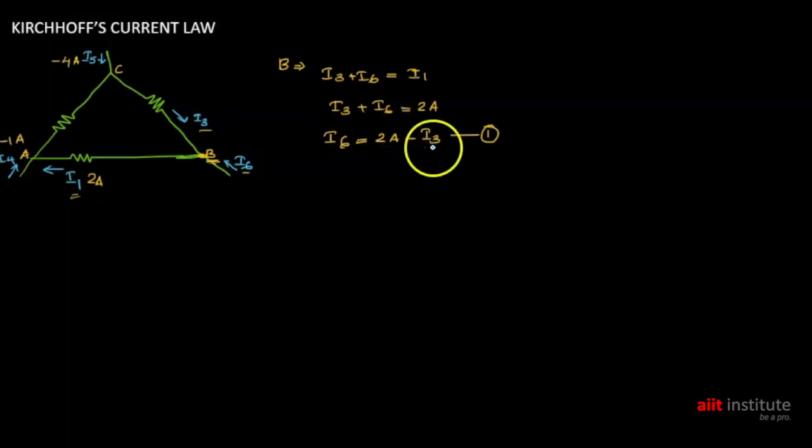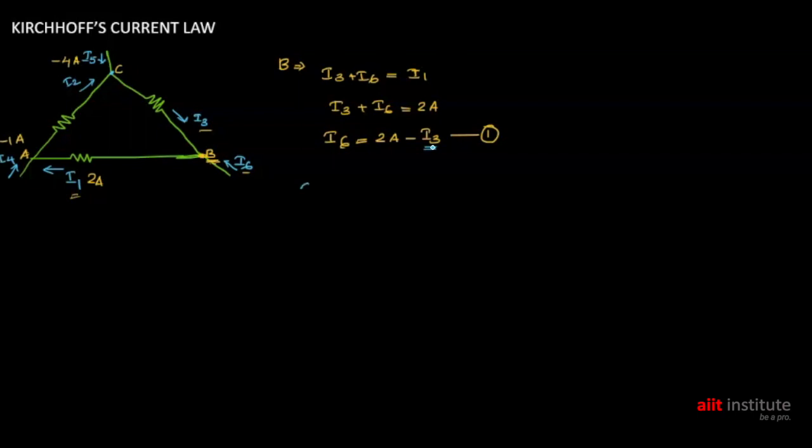To find the current I3 we have to apply KCL at node C. In node C, I5 and one more current, I2, are the two currents entering the node. Similarly, I3 is the current leaving the node.